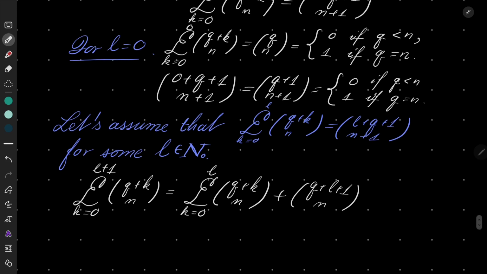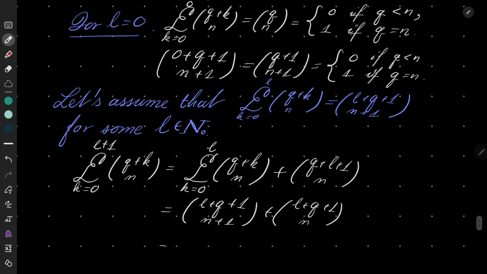Okay? And now, by our assumption, this first sum can be replaced by L plus q plus 1 choose n plus 1. Okay, and I will write here L plus q plus 1 choose n.